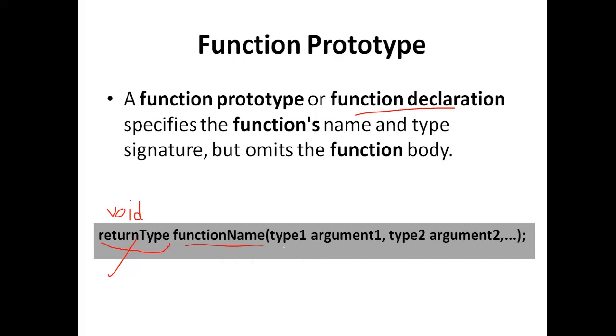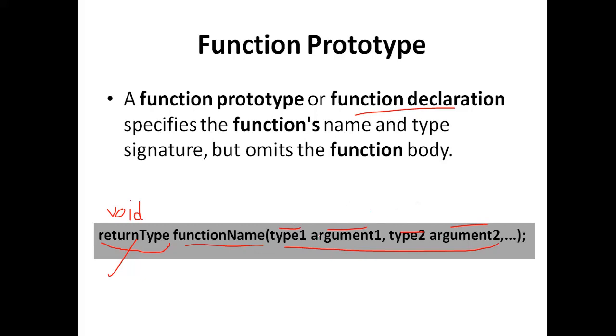Then we have this important part which tells what input the function is going to take. It is called the list of arguments. Here also we give the data type and the name of the argument, meaning some variable, then another data type, another variable, and so on. These act as inputs for this particular function.